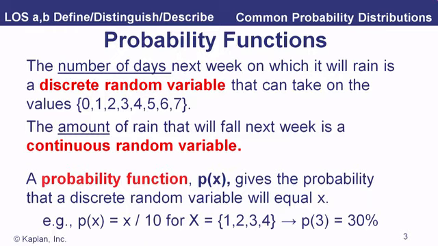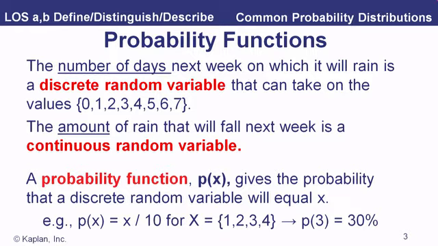When we talk about a probability function, small p of x, it gives the probability that a discrete random variable will equal x. So as an example of that, we're given a probability function p of x equals x over 10. And this is for a discrete distribution with 4 possible outcomes, 1, 2, 3, and 4.